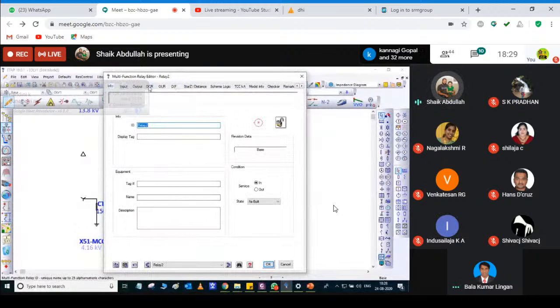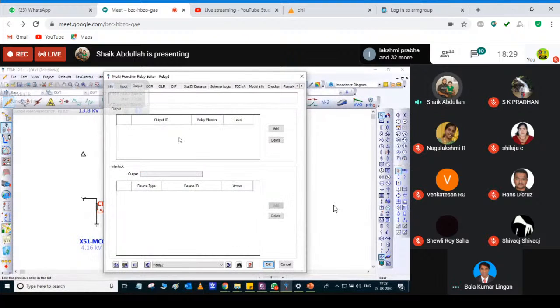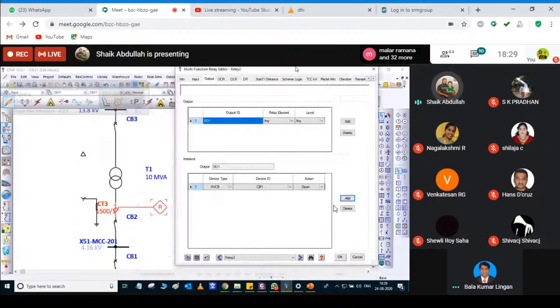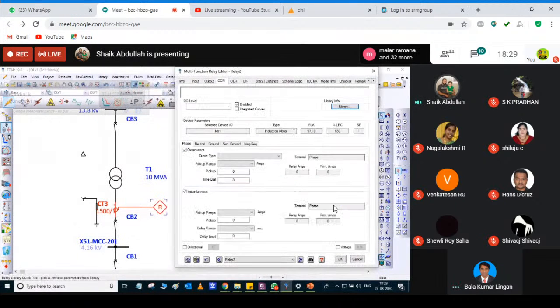Okay, output okay. This is circuit breaker 2, I think. A fault is coming, there is some fault here, I think.